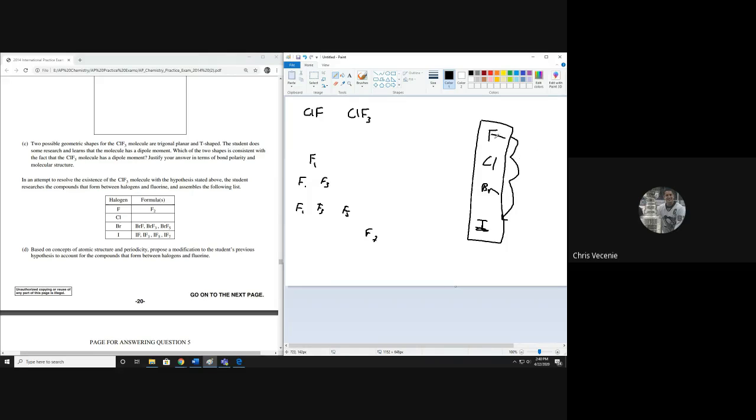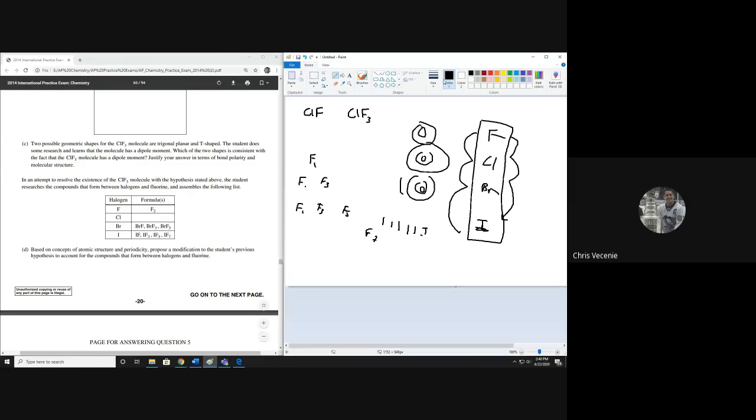All right, and what is changing about these guys as we hopscotch down the table? The number of orbitals they have. Exactly, right? So F has 2 energy levels. Cl gets 3. Br gets 4. I gets 5, right? So to put this in terms of structure and periodicity, they just want you to talk about the electronic structure. All right, so Sid told us what happened.